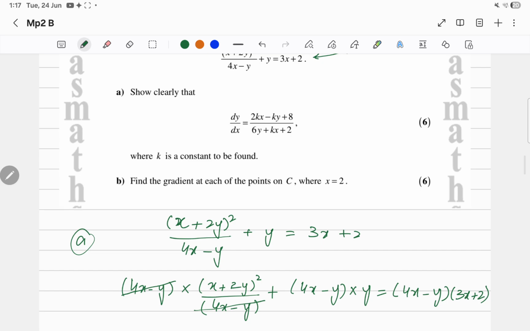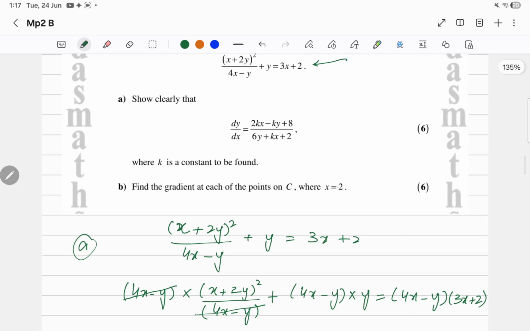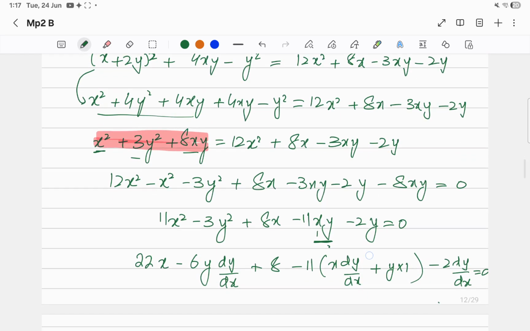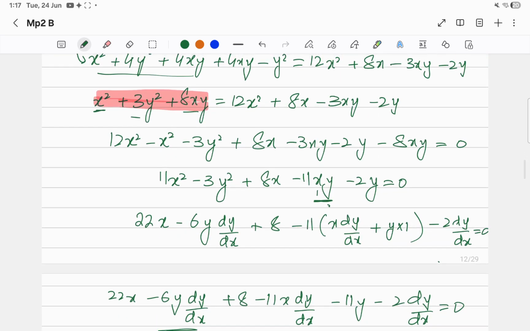So the next part is part B: find the gradient at each of the points on C where x is 2. Okay, so if you put x equals 2 in our function, we can consider the simplified function from here.